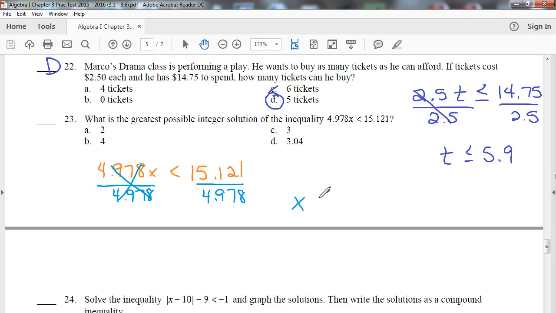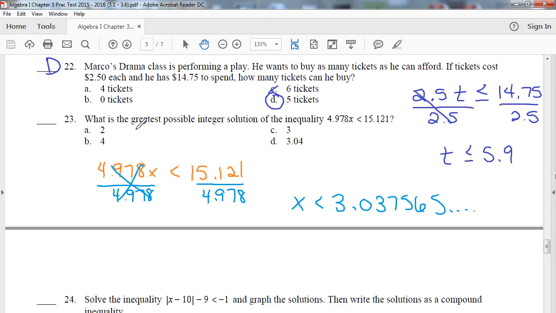And that gives us x is less than, we get the calculator, 15.121 divided by 4.978 is 3.037565 and a bunch of other stuff.